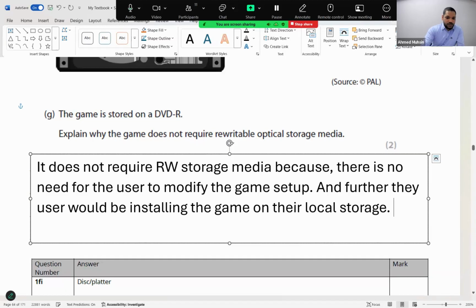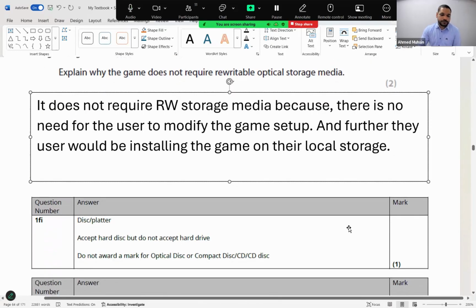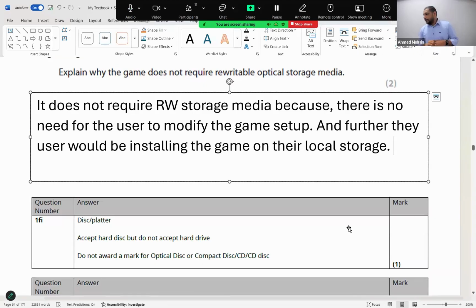On their local storage means on the user's hard disk or the user's SSD. Everybody okay with this? You don't install the game on the same CD it was on, no? Everyone okay with this?